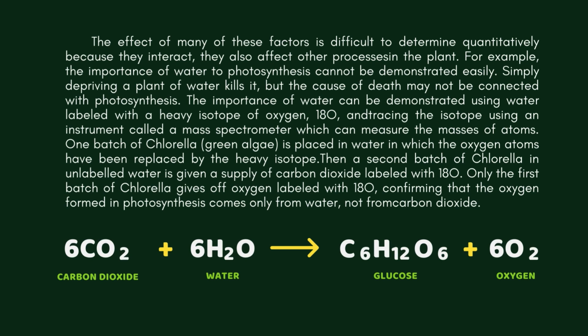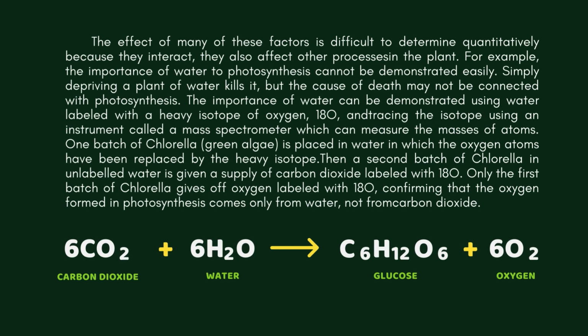The importance of water can be demonstrated using water labeled with a heavy isotope of oxygen, oxygen-18, and tracing the isotope using an instrument called a mass spectrometer, which can measure the masses of atoms. One batch of chlorella is placed in water in which the oxygen atoms have been replaced by the heavy isotope.